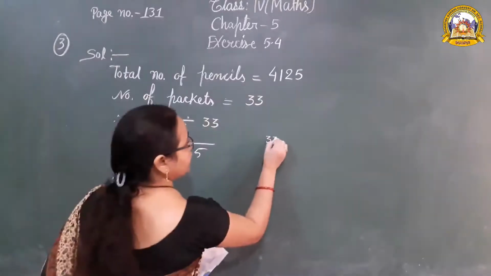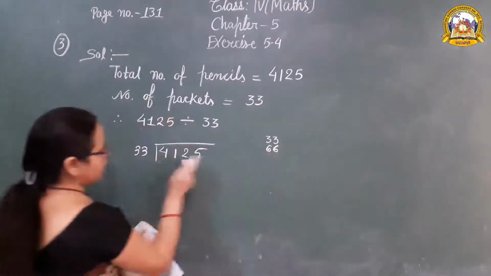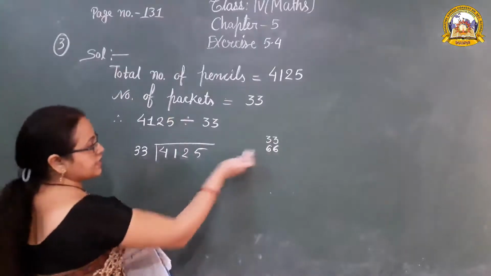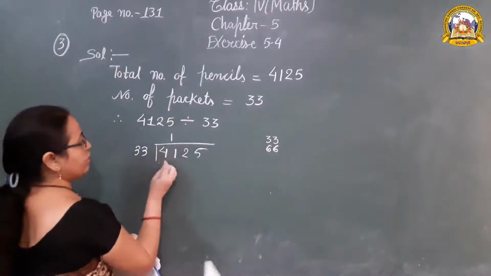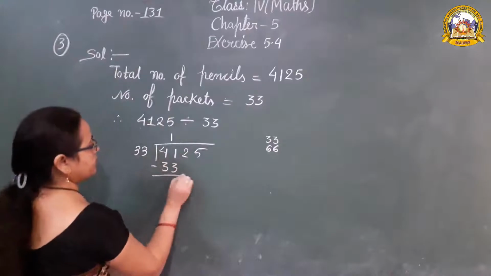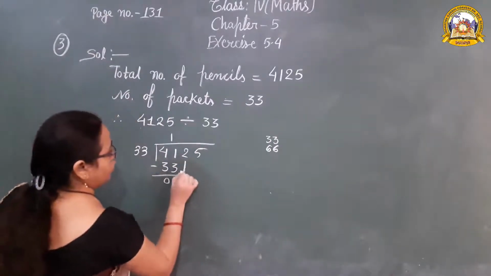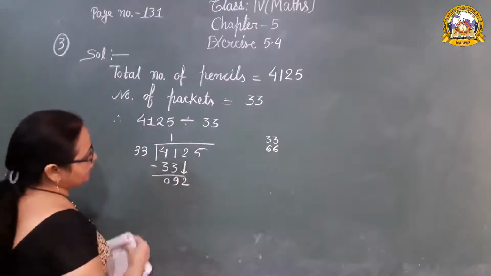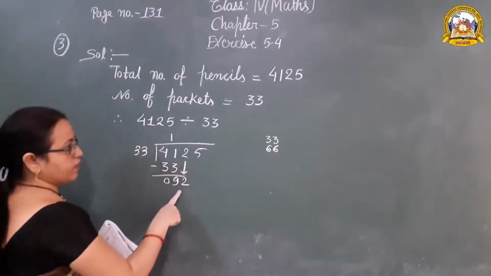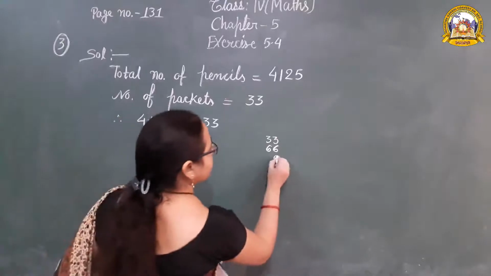Make the table of 33. 2 times is 66, which is greater than 41, so only 1 times 33. Subtract, 9 0. Next digit is 2. Bring down the next digit 2. Number becomes 92.